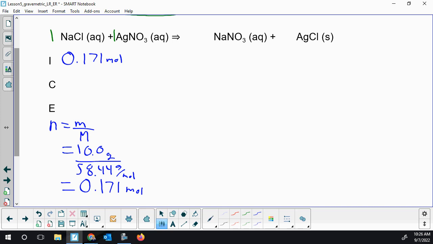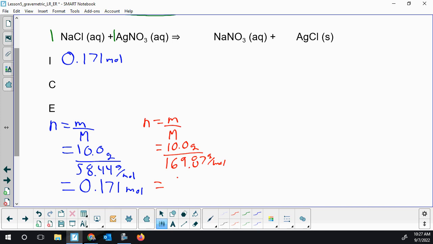I'm going to do the same thing for our second reactant. Moles is mass over molar mass. We have 10 grams. Now, silver nitrate is much heavier for every mole of it because silver is where a lot of the mass is coming from. 1 silver, 1 nitrogen, and 3 oxygen is 169.87 grams per mole.